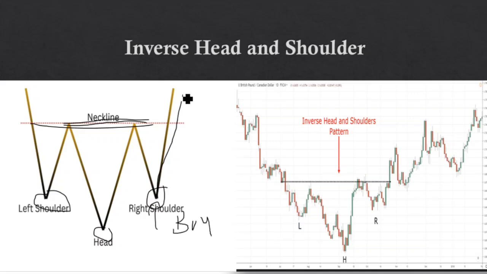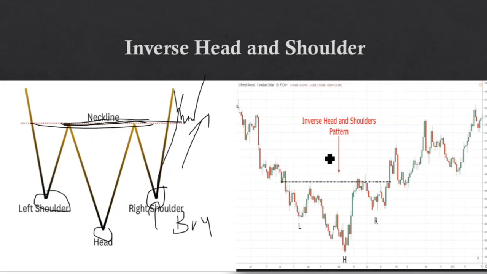So then we expect price to go straight back to the neckline, which is more or less a resistance turned support. If you've watched my previous candlestick or support and resistance video using candlestick formation, then at this point we start looking for candlestick formation giving us bullish presence at the neckline. Then once we get the candlestick formation, we join the buys.